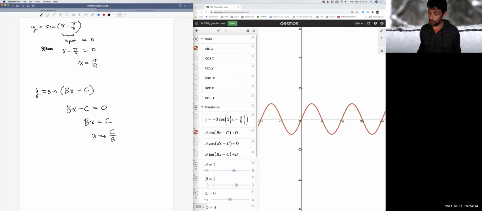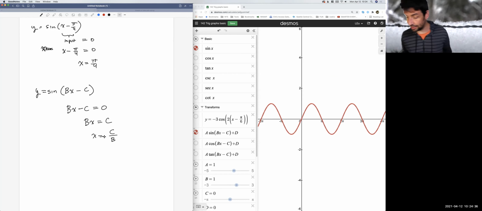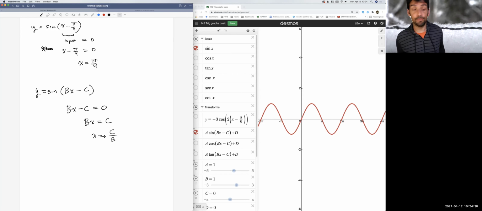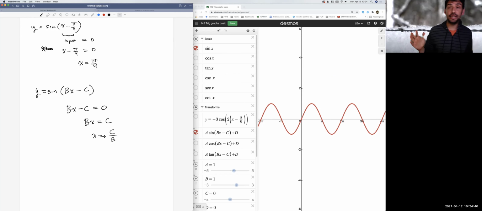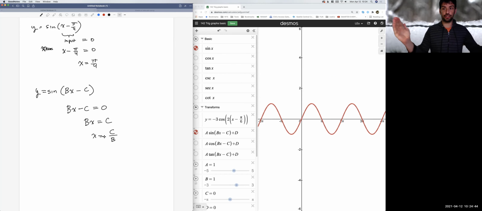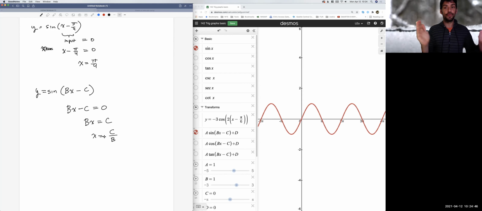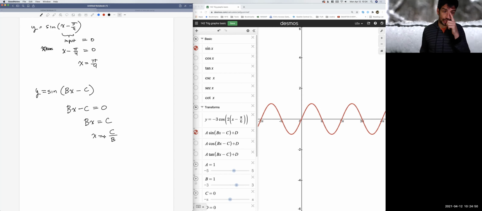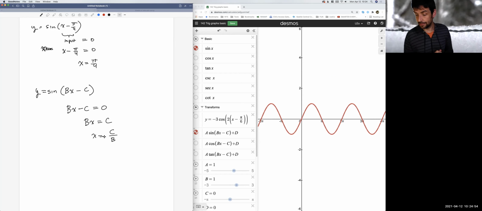It's not c alone. We have to consider what b is doing to it. And it's somewhat clear to see why, because the b value is stretching horizontally, and then we have this horizontal phase shift. That stretching also changes where that shift happens, and this is how they are related, okay?